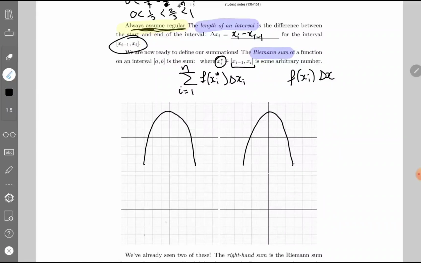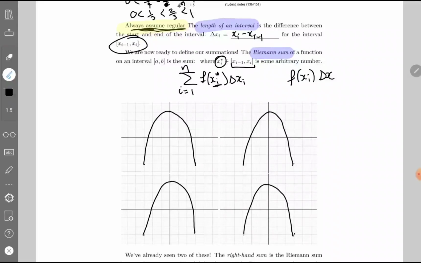I drew the same graph in all of them, and we're going to look at different Riemann sums, because our Riemann sum depends on the xi star we choose.